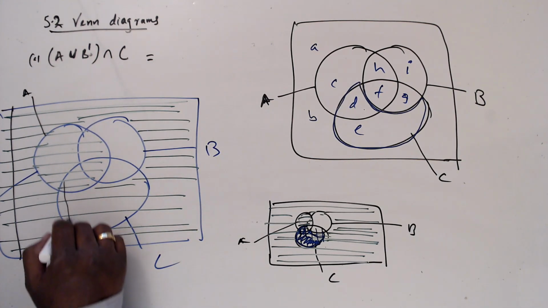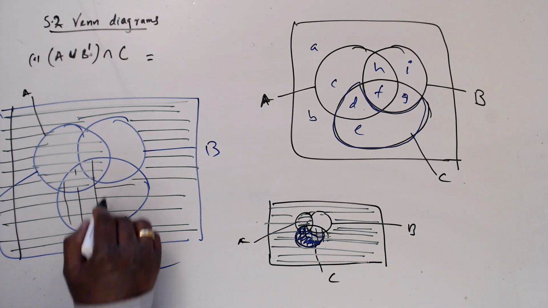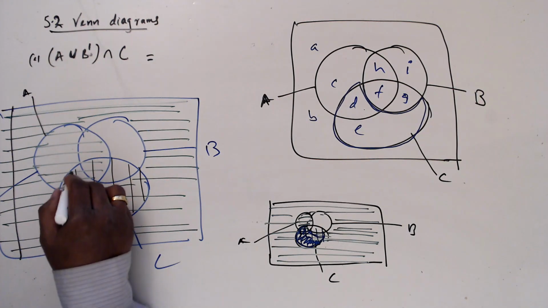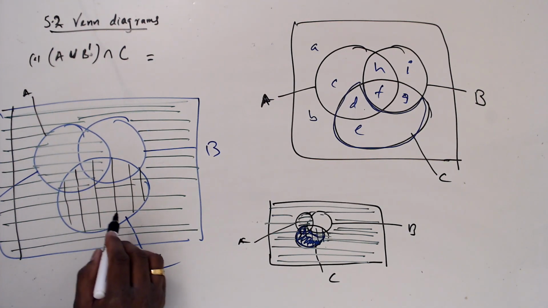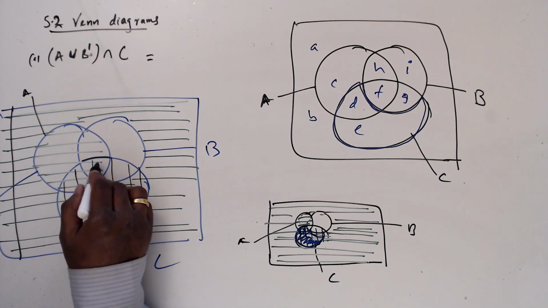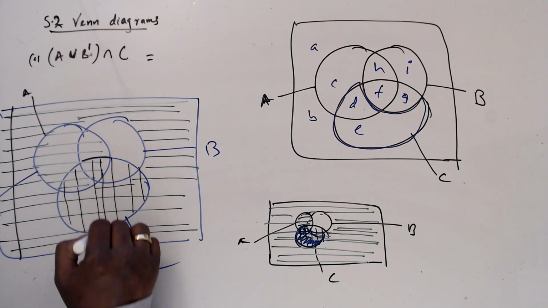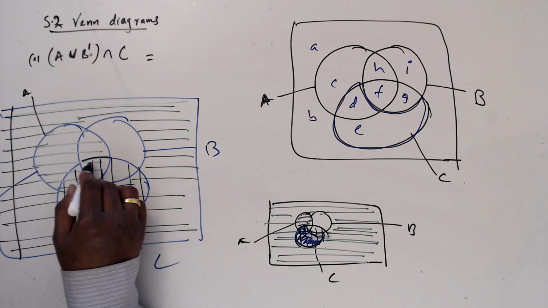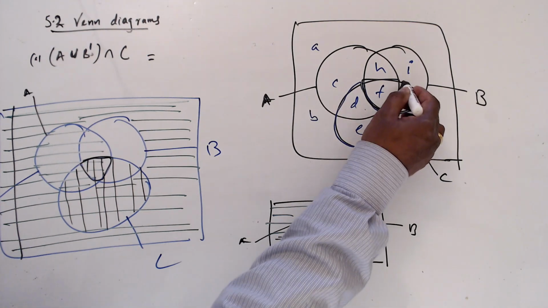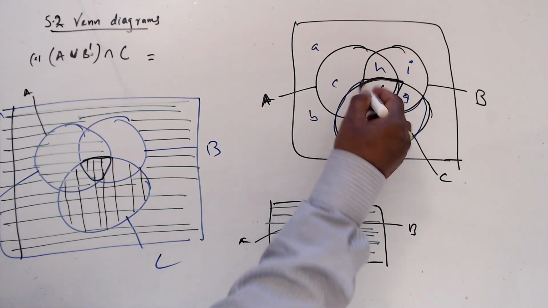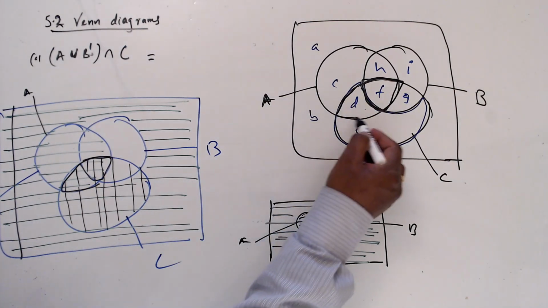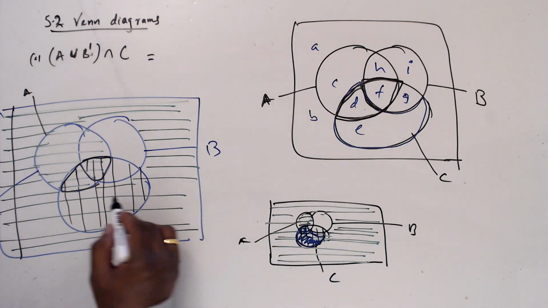We'll mark C now. Now where you can see both patterns, in here, in the middle. I missed this part. Now it's clear. And this one, and this part, and this one.